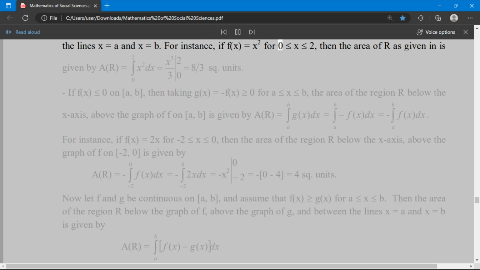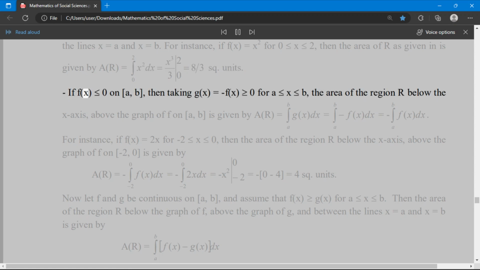For instance, if f(x) = x² for 0 ≤ x ≤ 2, then the area of R is given by the integral of x² dx from 0 to 2 square units.